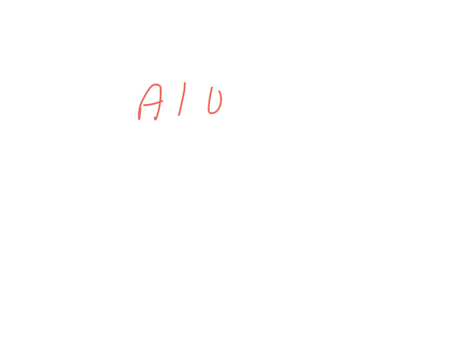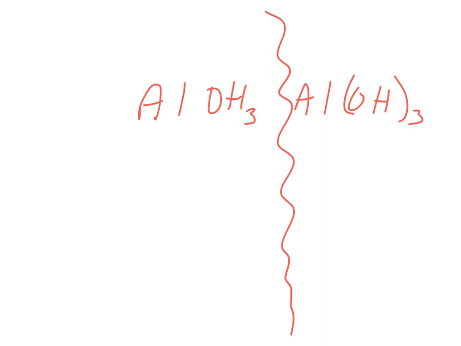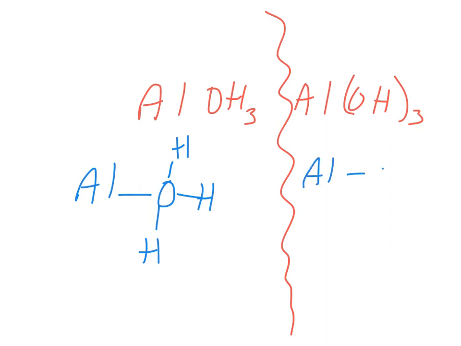Aluminum like this and aluminum hydroxide like this are completely 2 different compounds. Why? Here I have aluminum attached to an oxygen that has a hydrogen, another hydrogen, and a hydrogen. Okay, that's one compound. Now here I have aluminum with an OH group, an OH group, and another OH group.